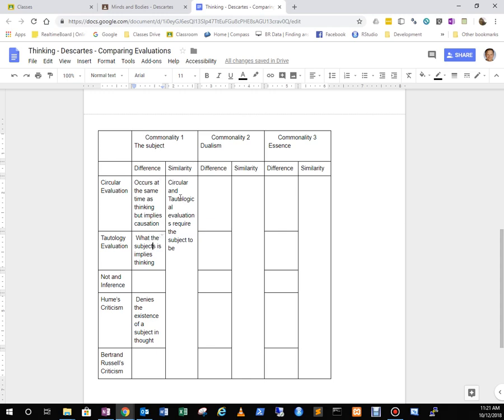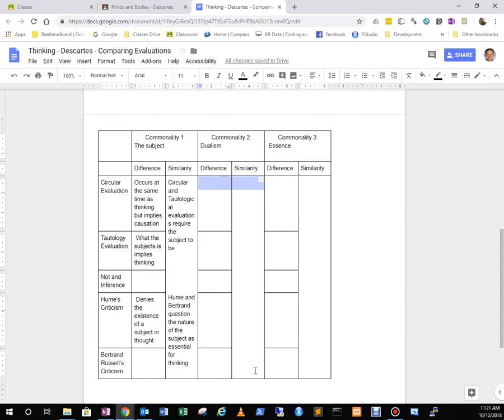So I said circular and tautological evaluations require this subject to exist, whereas down here, I'd say the same might be said about Bertrand Russell's criticism as well, that basically Hume and Bertrand Russell question the nature of the subject as essential for thinking, right? And so I've got two similarities between two arguments, and bang, I've done what I'm supposed to do.